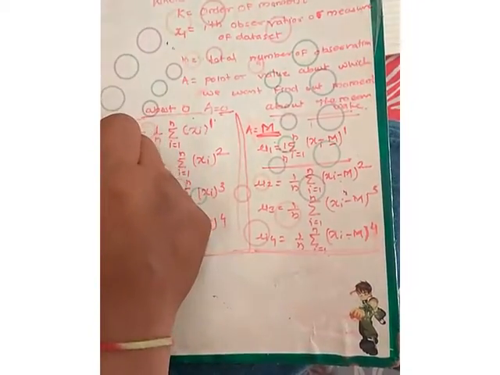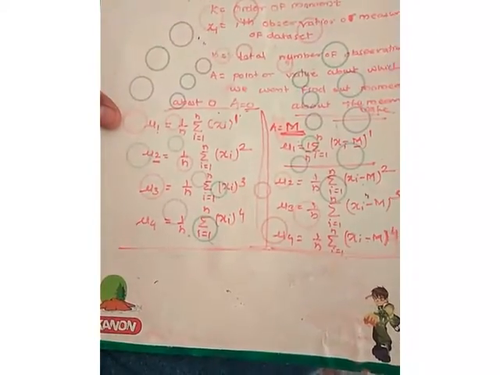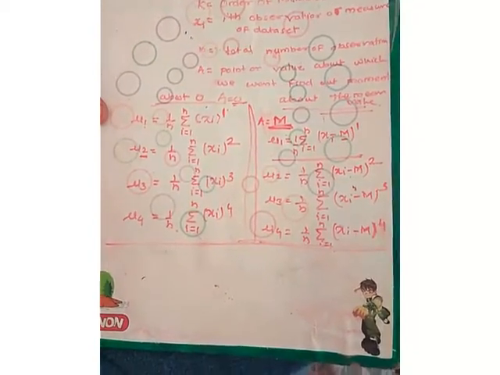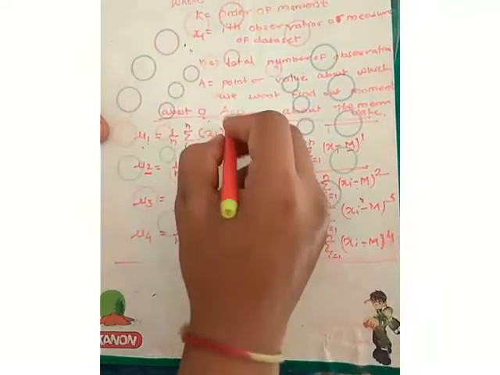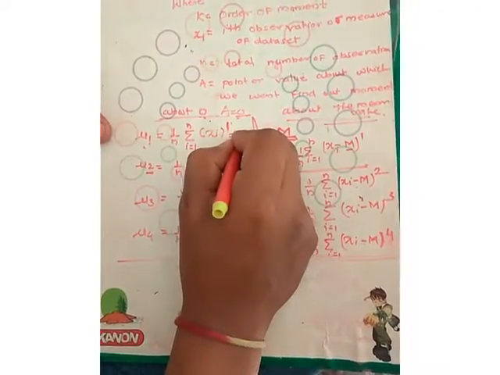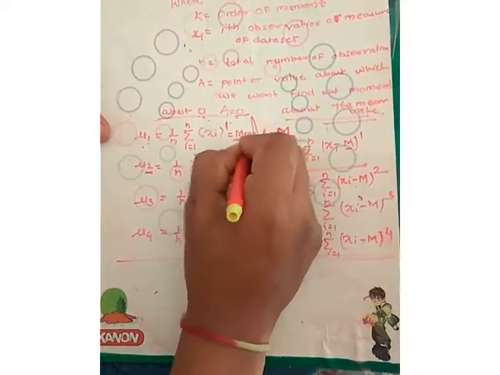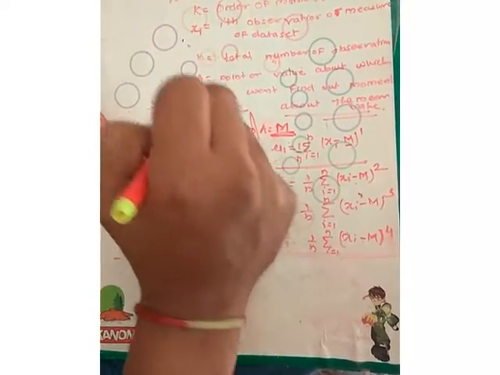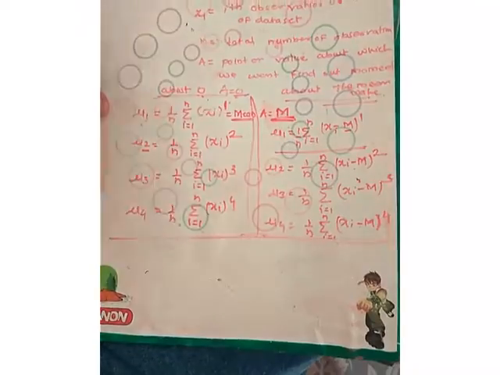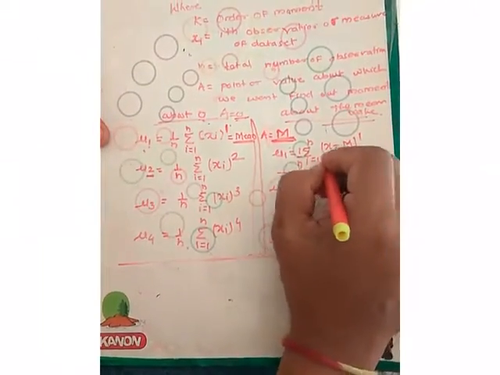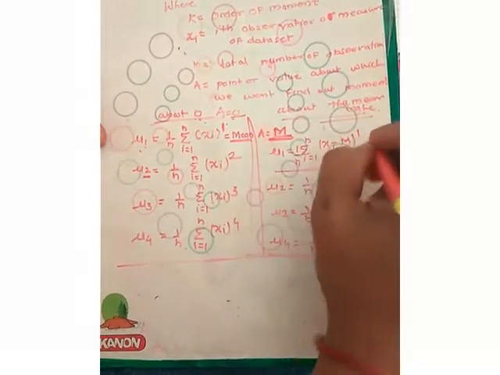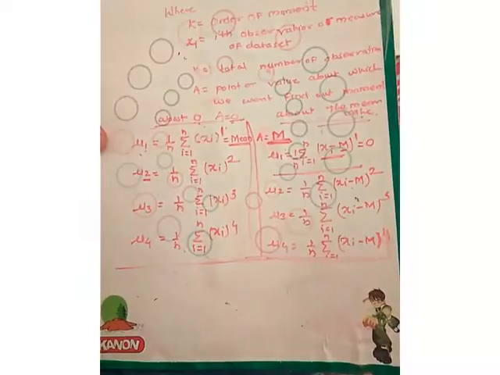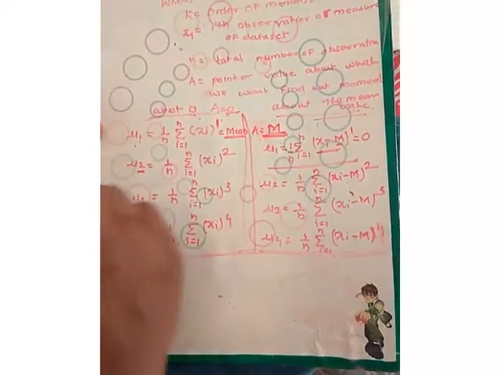Now if you see here, the first order moment about 0 is nothing but the definition of the mean of a data set. And if you take any data, find out the mean and take the first order moment about the mean, it always comes 0. Now why are we seeing these things?